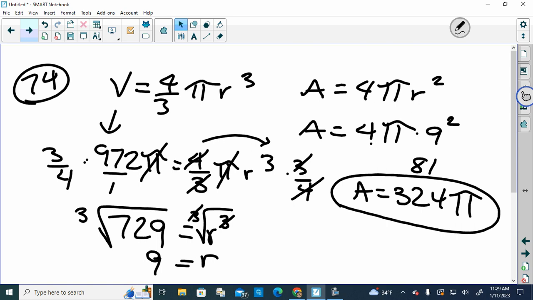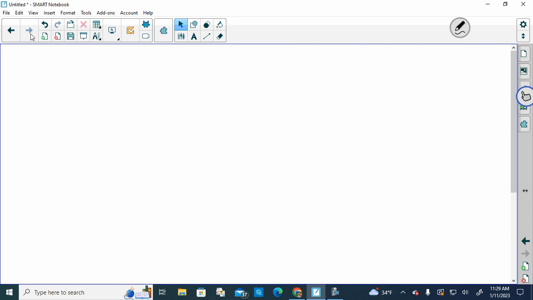Okay, so going on to 82. Question 82 says, find the volume of a sphere with a radius of 2 2/5.